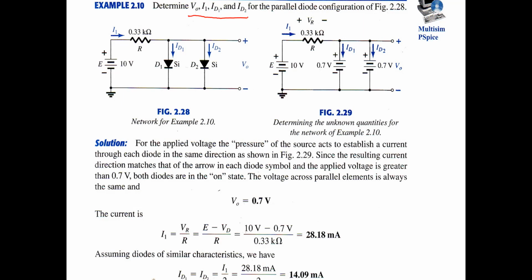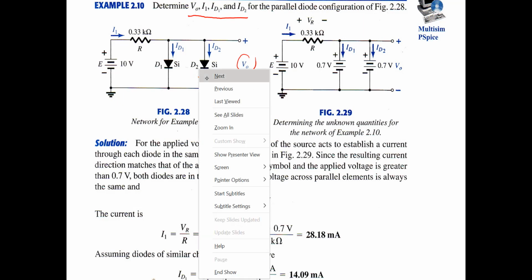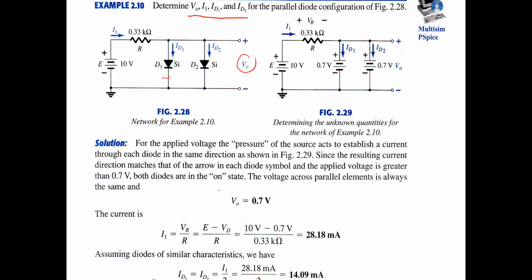First we notice that the output voltage is parallel to the silicon diode D2 and also parallel to D1. We have to check whether the diodes are on or off by checking the input voltage. The input voltage is 10 volts, which is larger than the knee voltage of silicon, so both diodes are on.